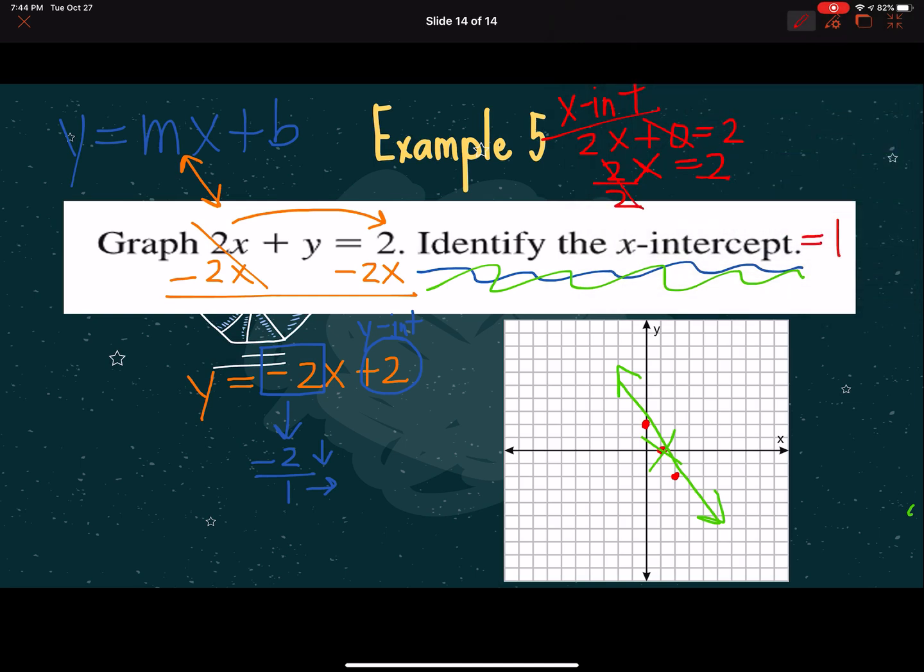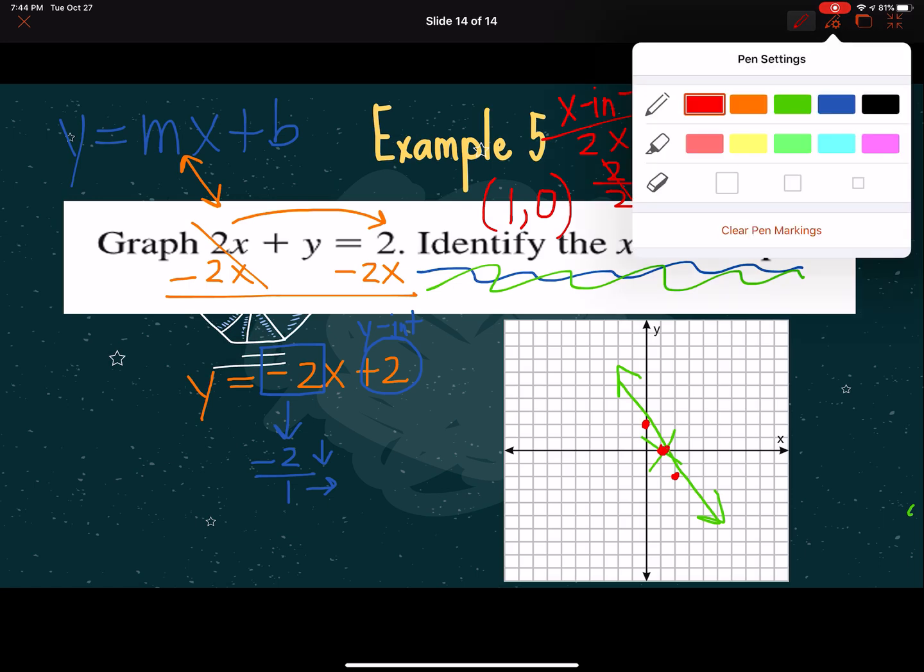Divide both sides by 2. And x equals 1. So my x-intercept is 1, which we already determined when we graphed, just by seeing where it crossed the x-axis. So this ordered pair would be 1, 0. And we've already got that on the graph.